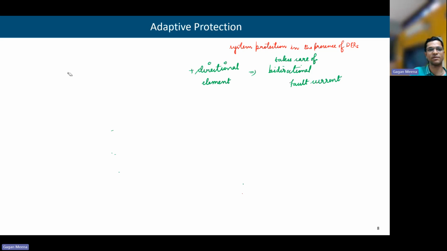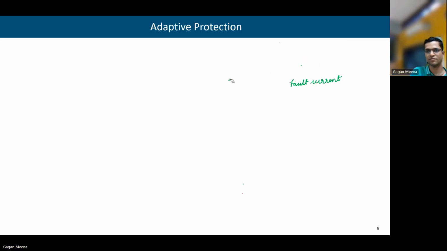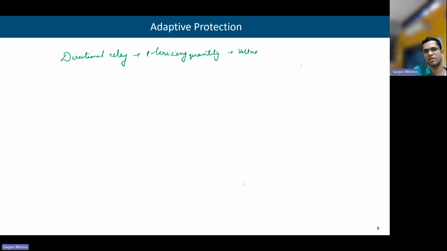Both are based upon the superimposed current. Last time we discussed that for the directional relay, the polarizing quantity was voltage, because voltage phase doesn't change much during fault, and the actuating or operating quantity is current.